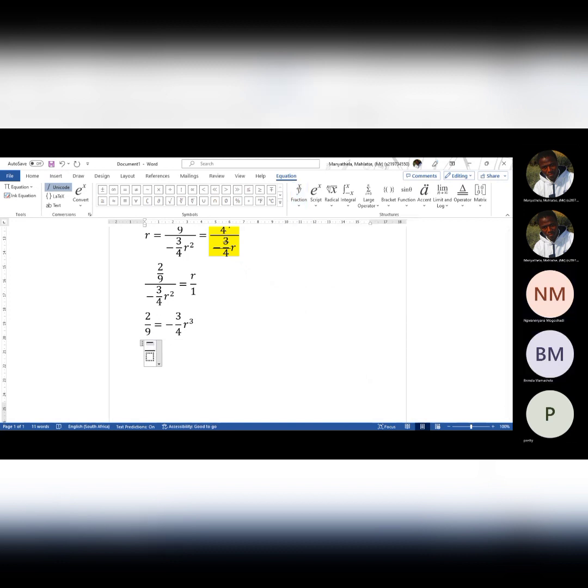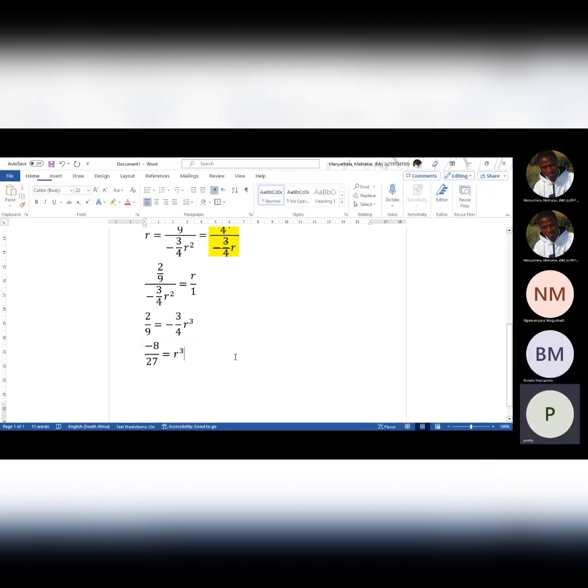Negative 8 over 27 equals R cube again. Take the cube root on both sides. On the left hand side it is negative 2 over 3.